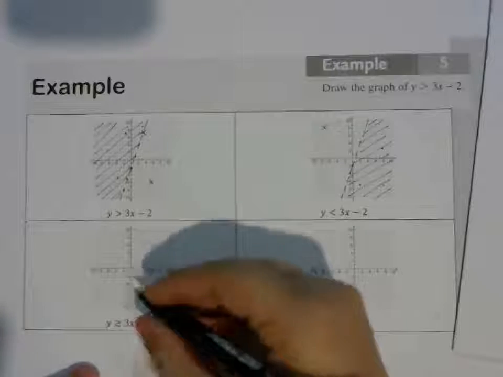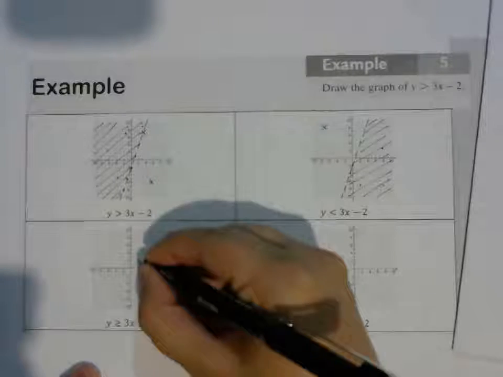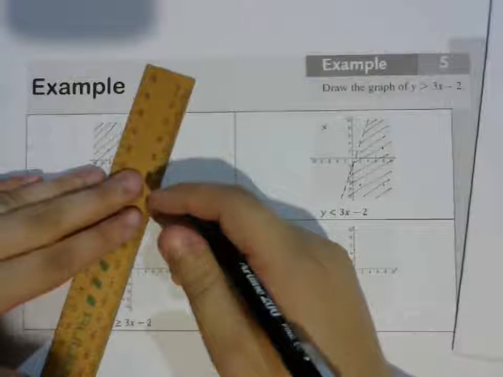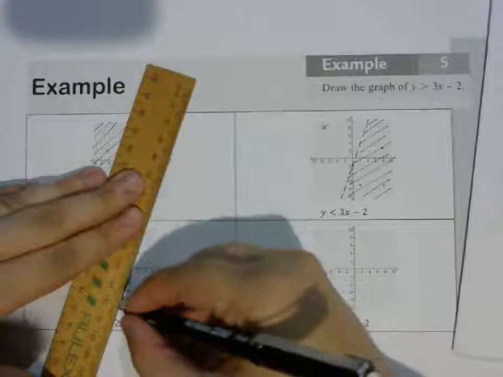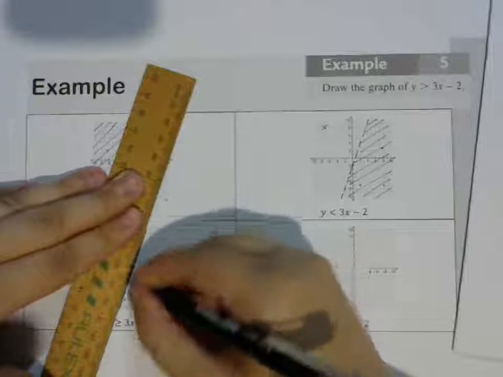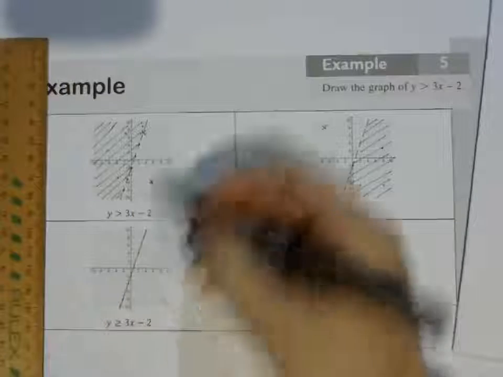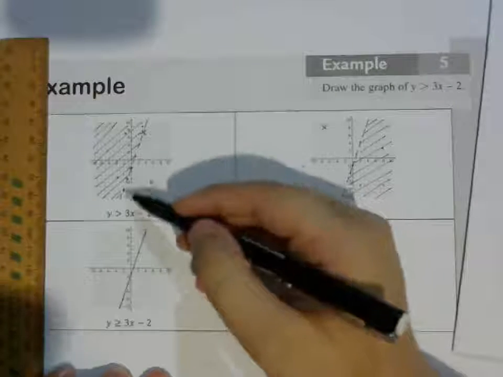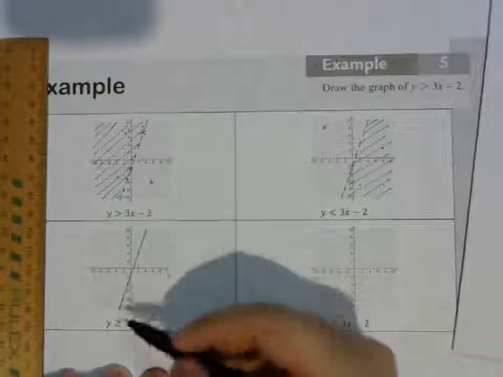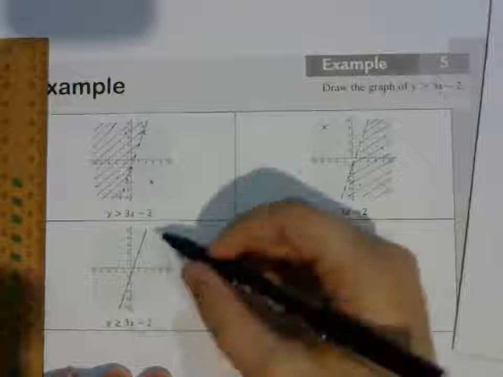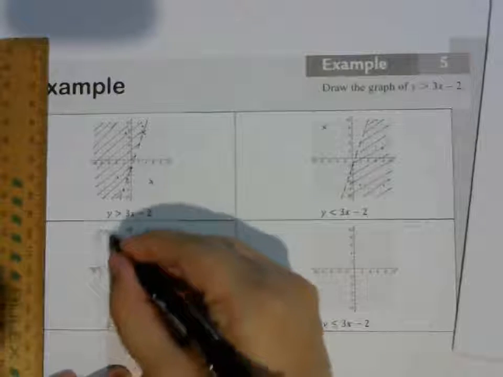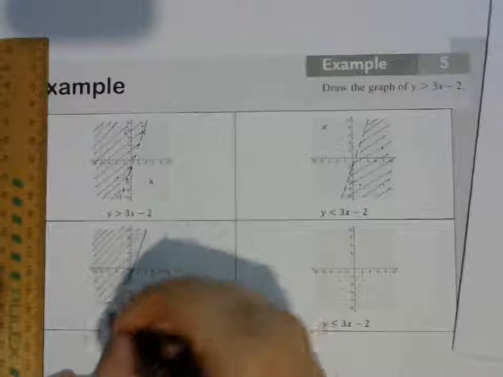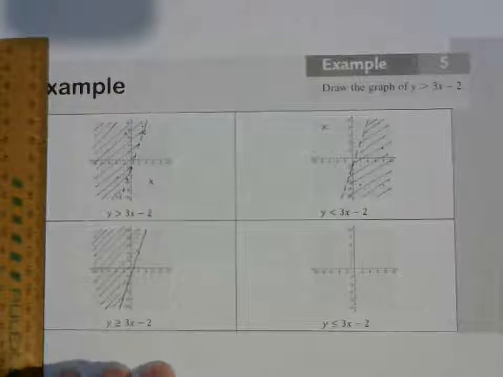So in this case, I'm just going to put my two dots in, and I'm going to connect these with a solid line. So this one, y is greater than the function, has a dashed line. This one, y is greater than or equal to, has a solid line. And we're going to shade that area that is greater than the equation.